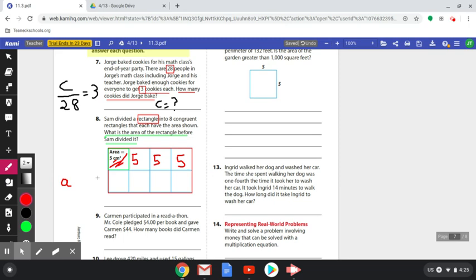So the area of the whole rectangle, the one that was in red, was divided by 8. 1, 2, 3, 4, 5, 6, 7, 8. The area of the large rectangle divided by 8 smaller rectangles gave them each an area of 5 centimeters squared. So you have to tell me now, what does A equal?